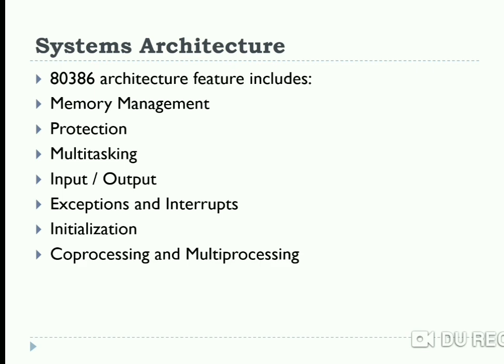Co-processing and multiprocessing. The 80386 has two levels of support for multiple parallel processing units. It is a specialized interface for very closely coupled processors, known as a coprocessor.